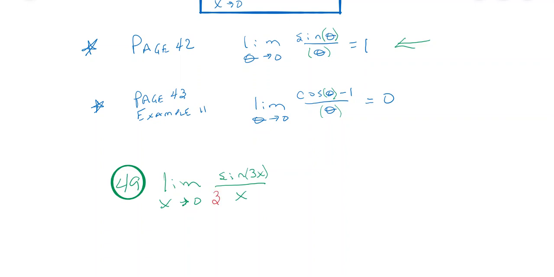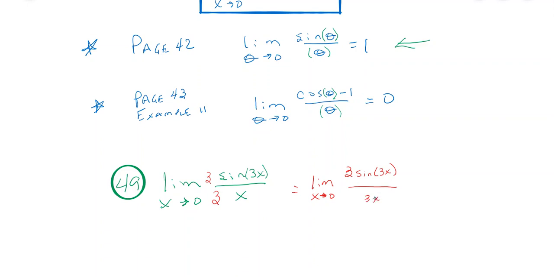And then they match. Well, I could have a 3x down there and multiply by 3 as long as I multiply the numerator by 3, so that I'm multiplying by a version of 1, right? So this is the limit as x goes to 0 of 3 sine 3x over 3x.